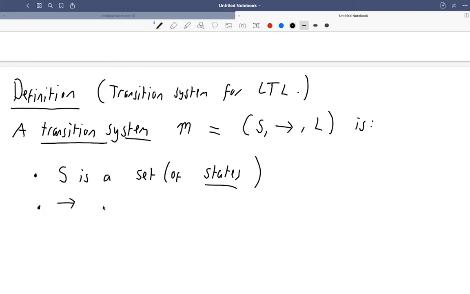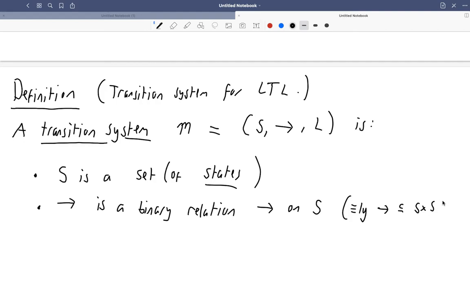So arrow is a binary relation on the set S. So in other words, equivalently, you can think of it as a subset of the product set of S with itself.